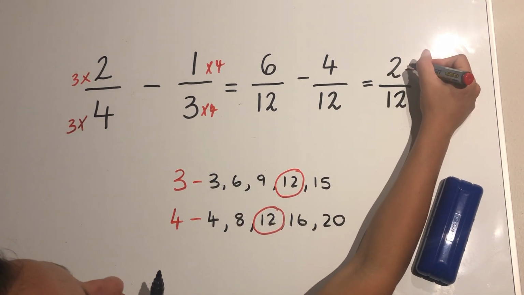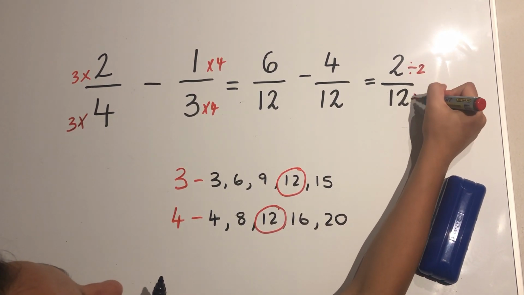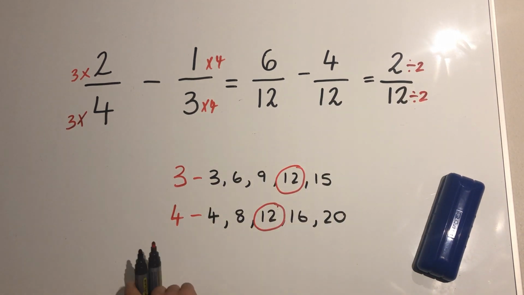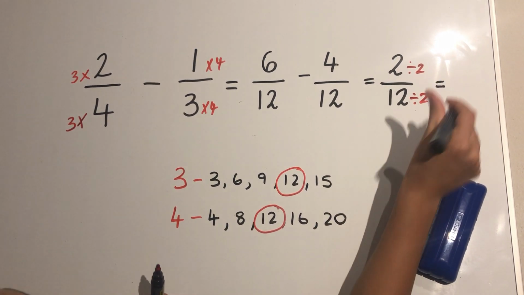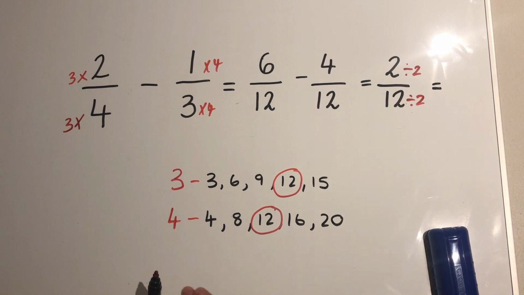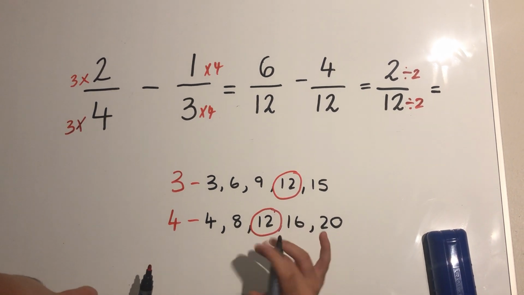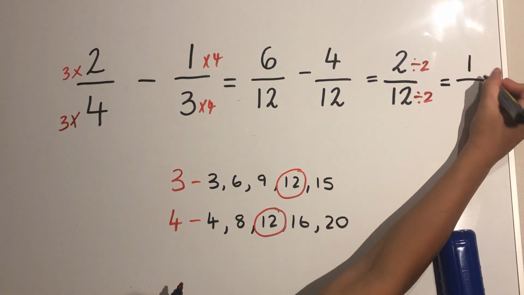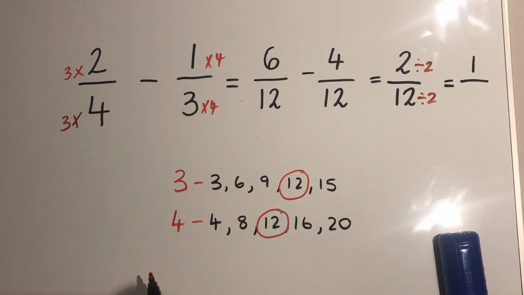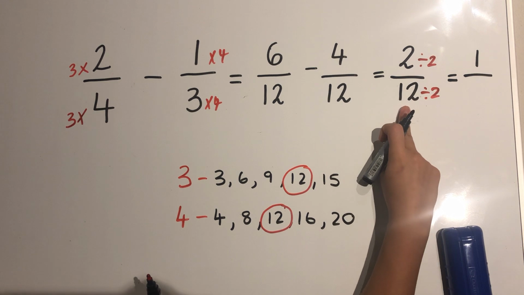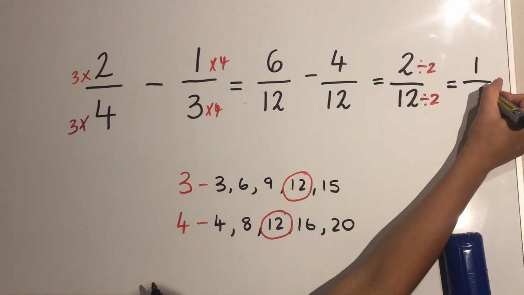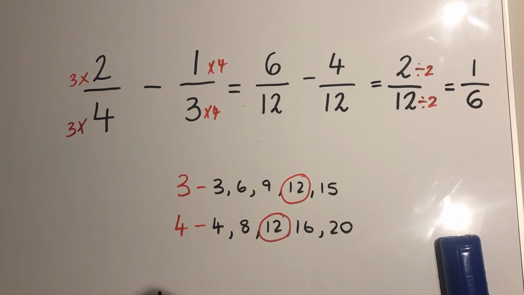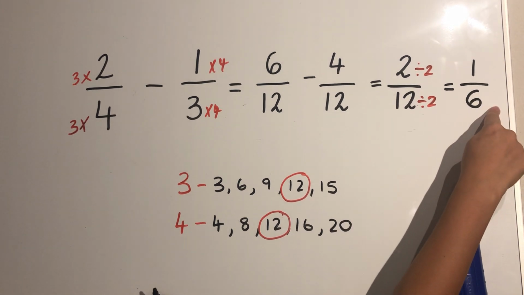So we do 2 divided by 2 and 12 divided by 2 to simplify it, because 2 is our highest common factor of both 2 and 12. So how many 2's are in 2? There's 1. And how many 2's are in 12? It's the same as saying 12 divided by 2, which is 6. So our simplified answer is 1/6.